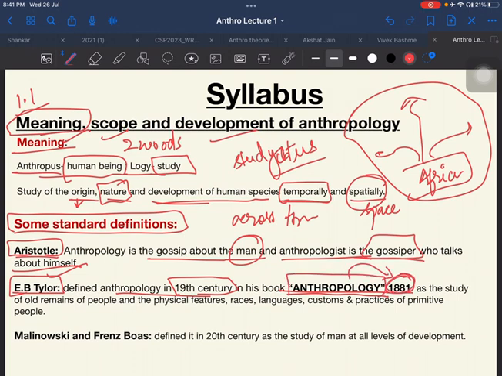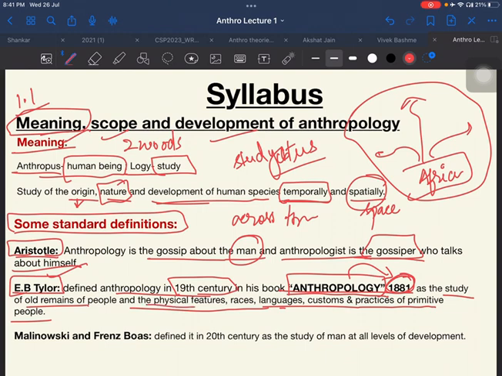This adds value and weight to our answers. He defined it as the study of all remains of people and the physical features, races, languages, customs, and practices of primitive people. There are many loopholes in the definition, so it cannot be said to be the accurate one.